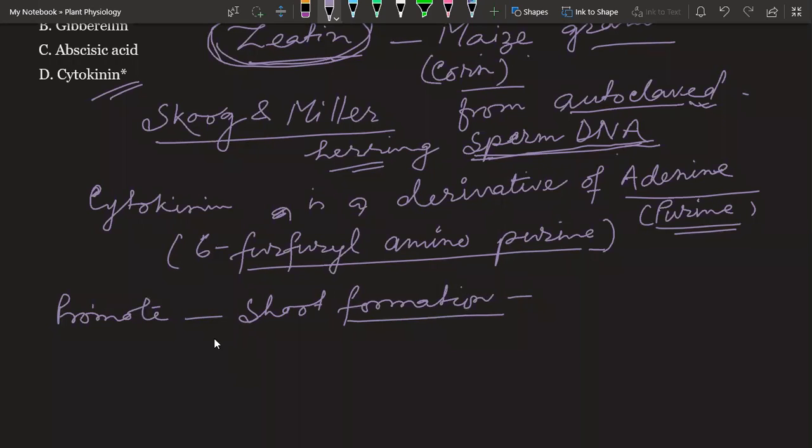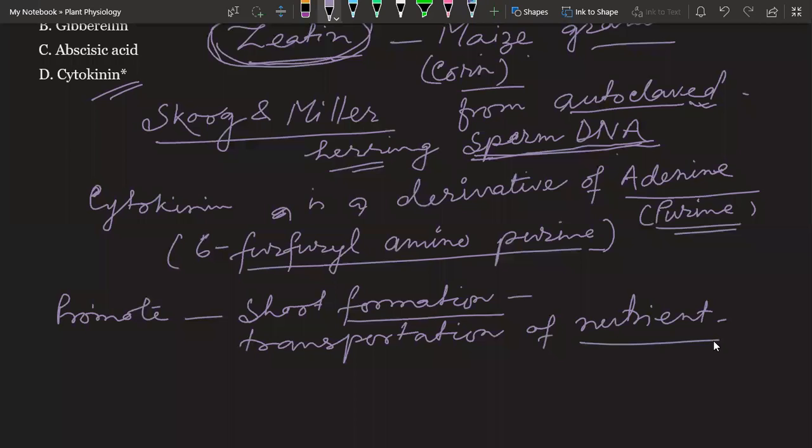They also enhance the transportation of nutrients, and due to this, the organs of the plant where the cytokinin is more remain fresh for a longer period.